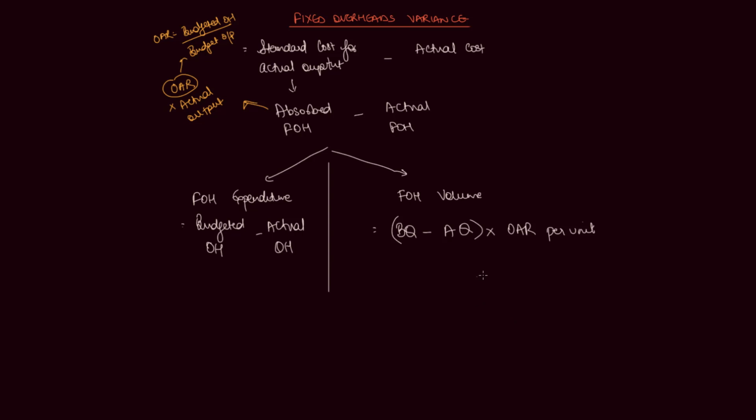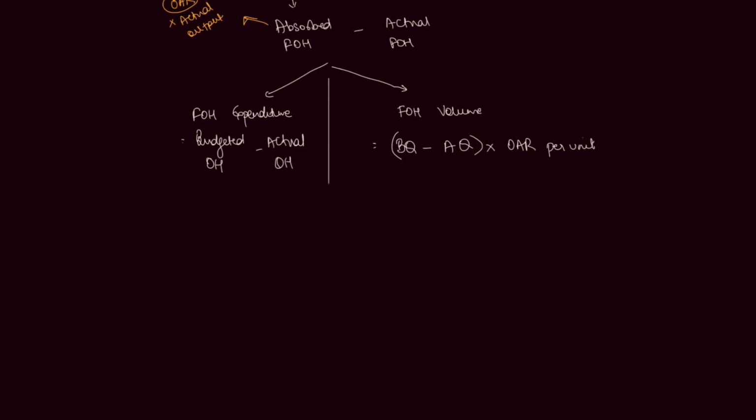Now the fixed overhead volume variance can also be further broken down into two more subvariances, because when we say that the actual quantity is not as per the budgeted quantity, we have to understand why. So the fixed overhead volume variance we will further break down into fixed overhead capacity variance and fixed overhead efficiency variance.